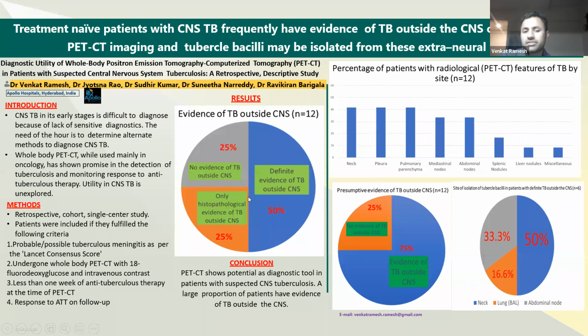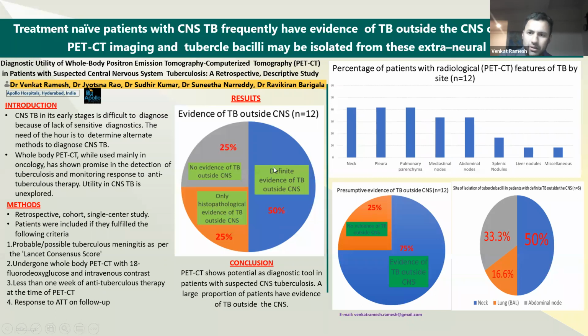And there were some patients where, for example, on lymph node biopsy or a lung biopsy, there was only histopathological evidence of tuberculosis, but not definitive evidence, because the sensitivity of TB PCR is not 100%.